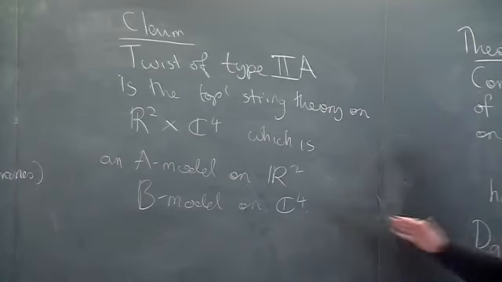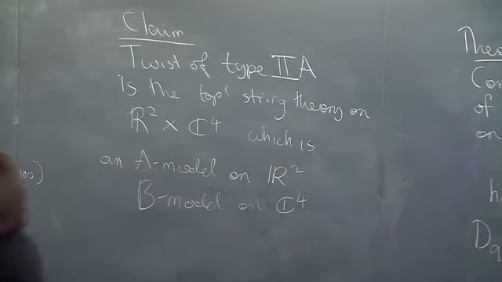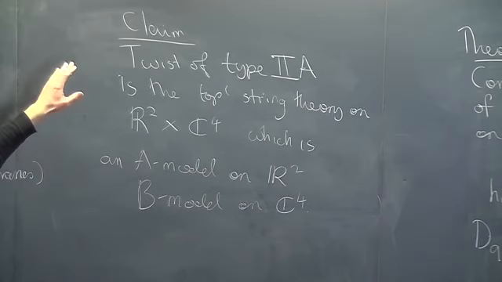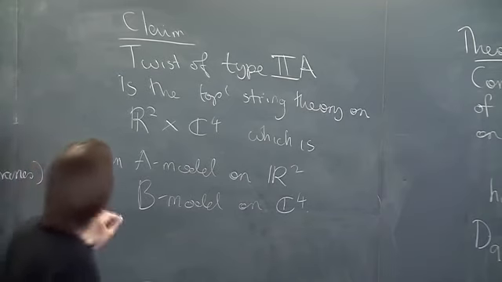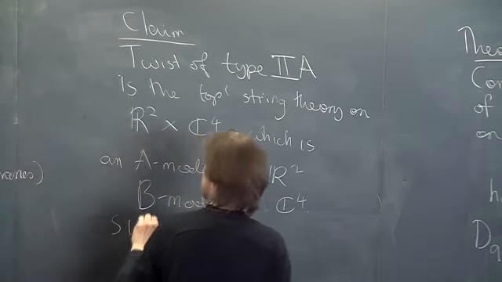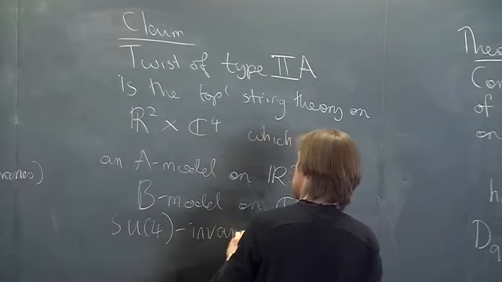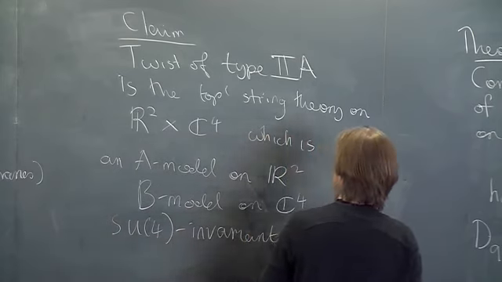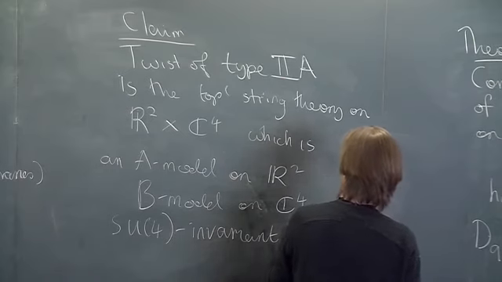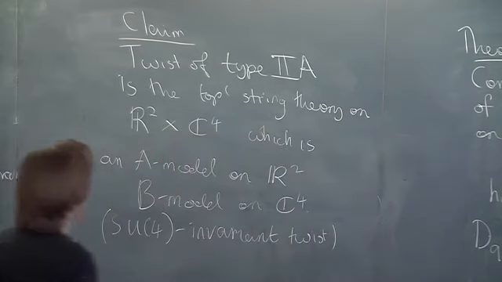So we can write down some things like we did before, some kind of dictionary. So this is an SU4 invariant twist, a particular one.